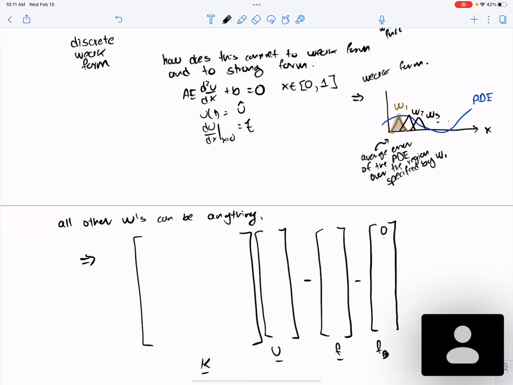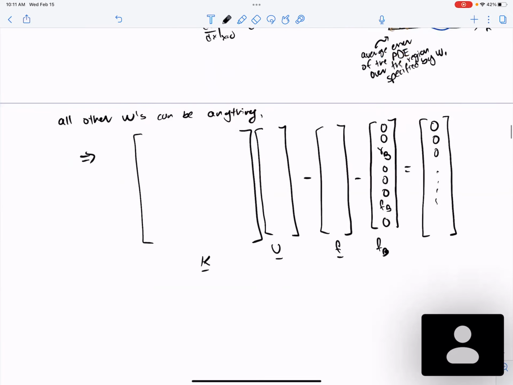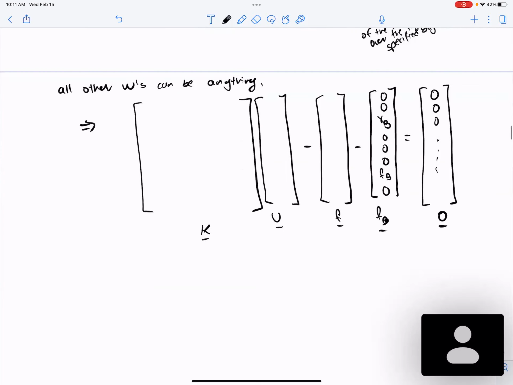And the boundary terms, like I said, it's really just 0, 0, 0, 0, then there's a reaction, and then 0, 0, 0, and there's a force at the boundary. So in the end, you don't need to solve for the W's because W's can be anything. They are really just there to split the system into all of these equations.